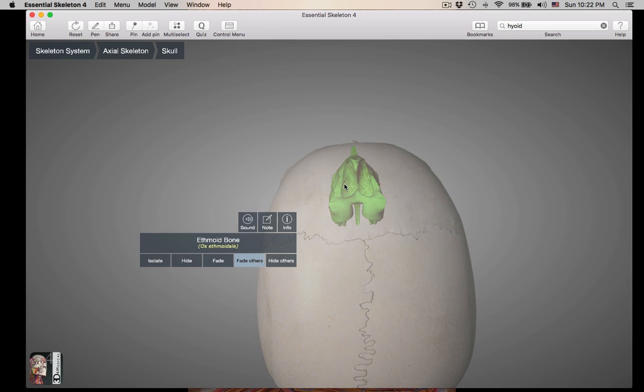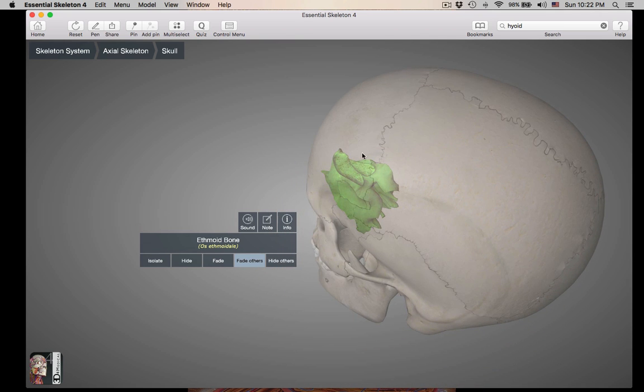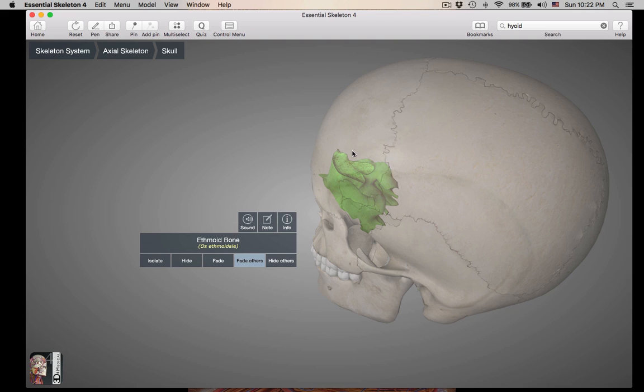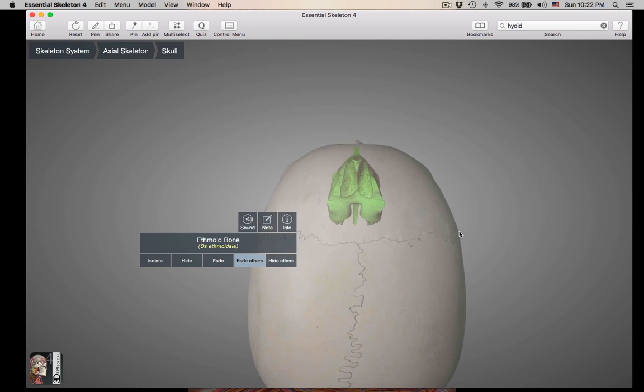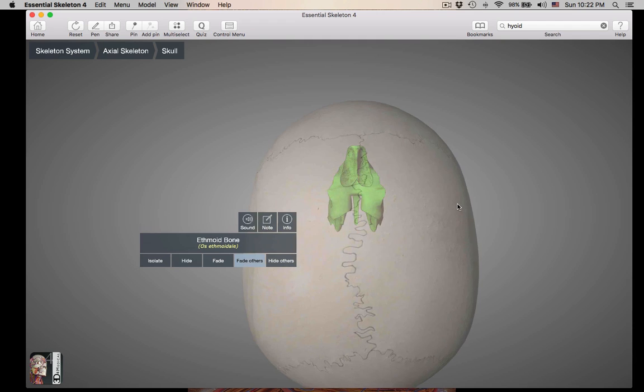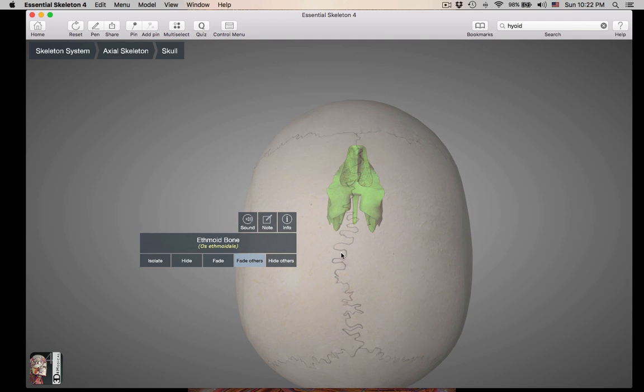So the cribriform plate has the little holes, and you're going to have this structure that's sticking straight up in the midline. This is called the crista galli. Crista galli. It's a midline structure. It's actually holding the dura that's dividing the 2 hemispheres of the brain. So the crista galli, also part of the ethmoid bone.